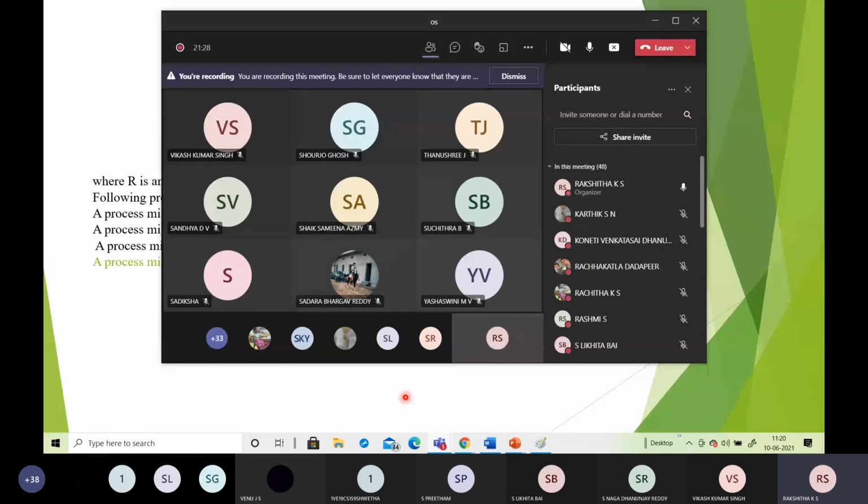Just take a quick look at whatever concepts we have discussed in the second module. Is it audible to you? Can anyone tell the concepts we have done, at least after process synchronization? No need for multi-threaded programming, just tell me the process synchronization.